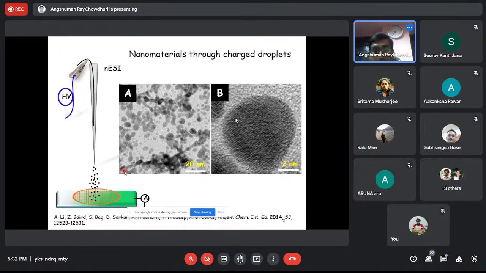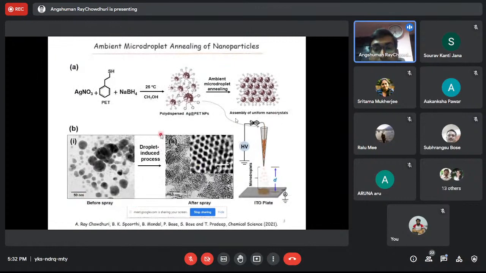After that, we took not only the ions but also polydispersed silver nanoparticles inside the glass capillary, and we sprayed in a similar way.